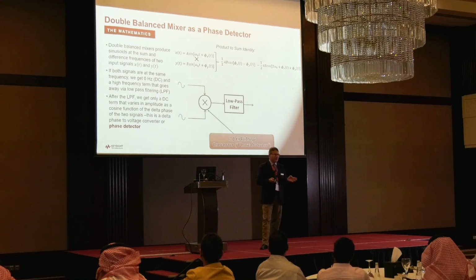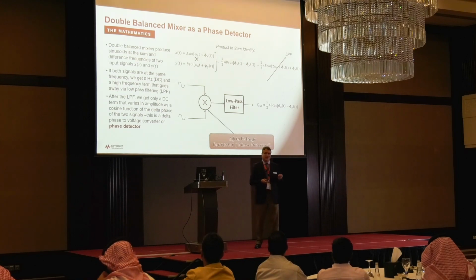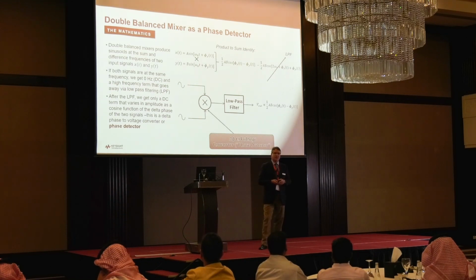And if we put a low-pass filter at the output of that circuit, we end up being able to eliminate the second term in this equation, because it's twice the frequency. And we end up just with the voltage out being proportional to 1/2 of the voltages in times the cosine of the difference in phase at any instant in time. And that is our phase detector. That's what a phase detector basically does.